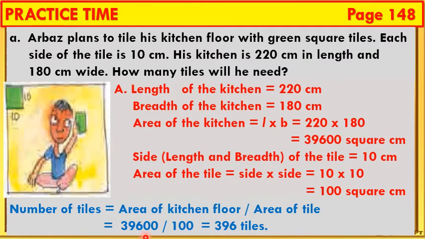Number of tiles he needs is area of the kitchen floor divided by area of tile. That is 39,600 divided by 100. We get 396 tiles. So the answer is Arbaz needs 396 green square tiles to tile his kitchen floor.